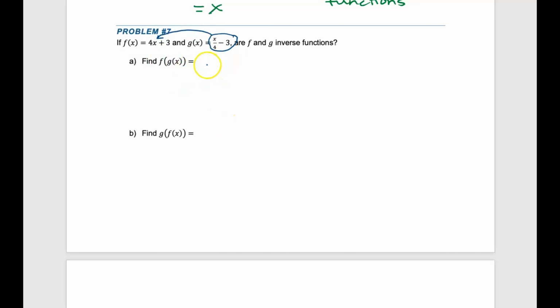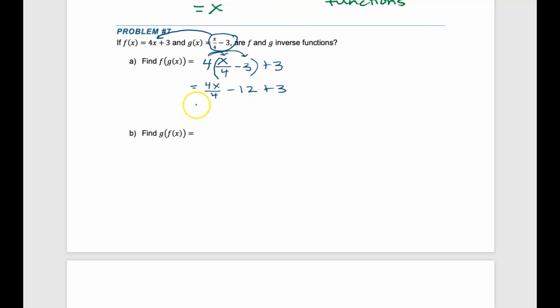So it's going to look like 4 times, and then in parentheses, all of this, x divided by 4 minus 3, and then we still have that plus 3. Now let's simplify what we can here. Let's distribute that 4 through so that we can simplify this. When I do that, I get 4x divided by 4 minus 12 and then plus 3.